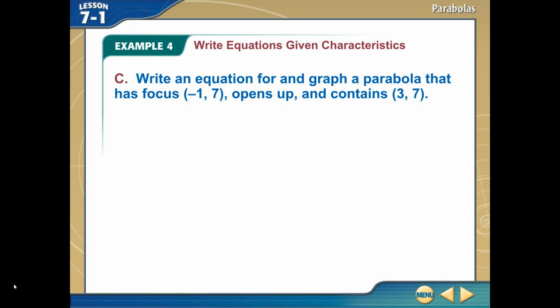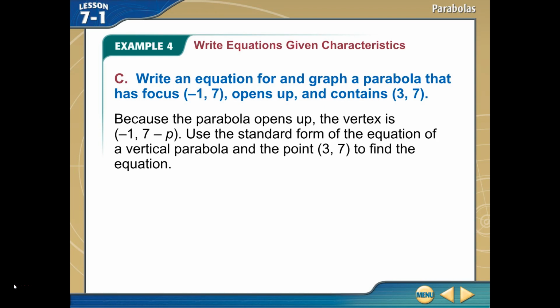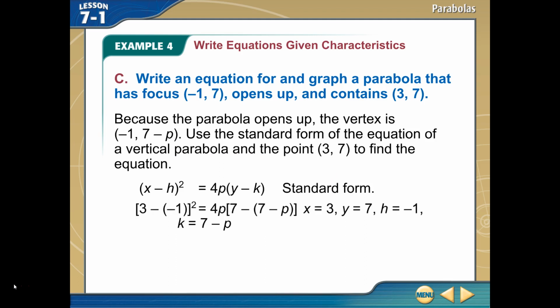So when we look at this, right, we know that it has that focus at -1, 7, and then we know that from there, okay, there's our vertex. So from here, we can know that 7 minus p is going to be the vertex, and we use this general point of x and y to find the equation. So we start with our general equation, right?